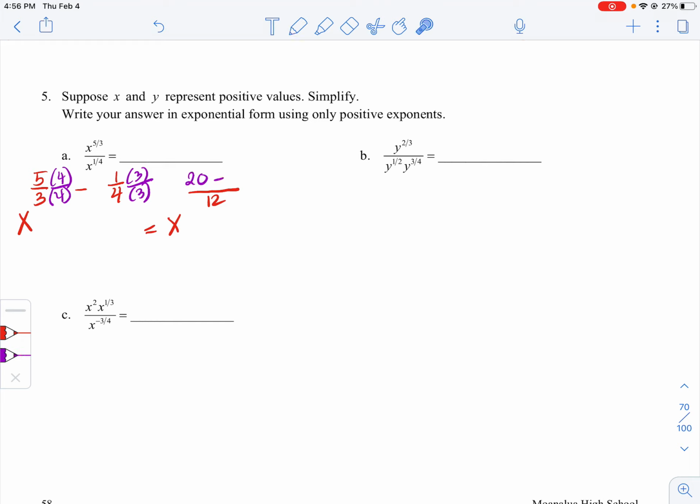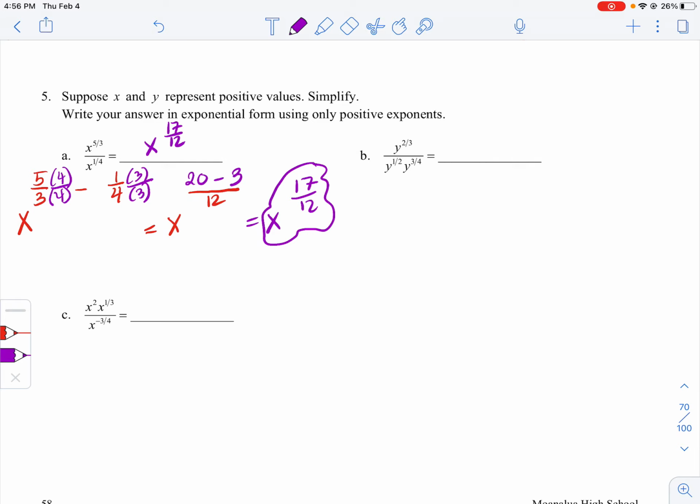Minus, I have 4 times 3 is already 12, 1 times 3 is 3. So that is x to the power of 17 over 12. And my goal is to write the answer in exponential form using positive exponents, so I do not have to rewrite this. My final answer would be x to the power of 17 over 12.